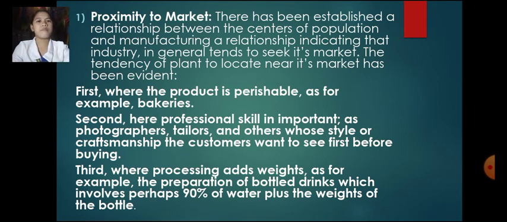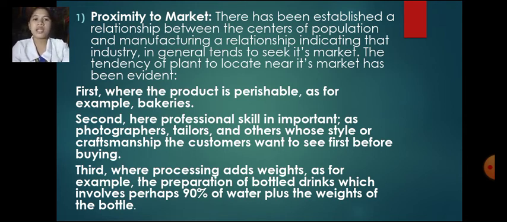When we say proximity to market, there has been established a relationship between the centers of population and manufacturing, a relationship indicating that industry in general seeks its market. The tendency of plants to locate near their market has been evident. First, where the product is perishable, as for example, bakeries.